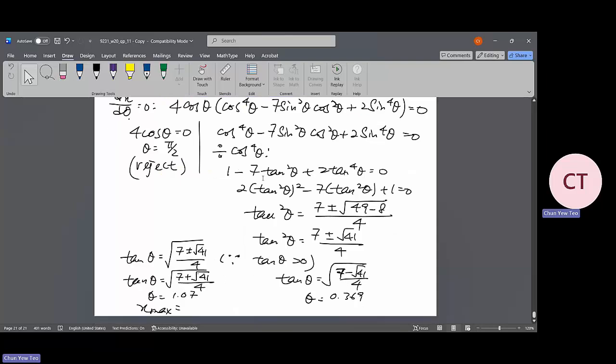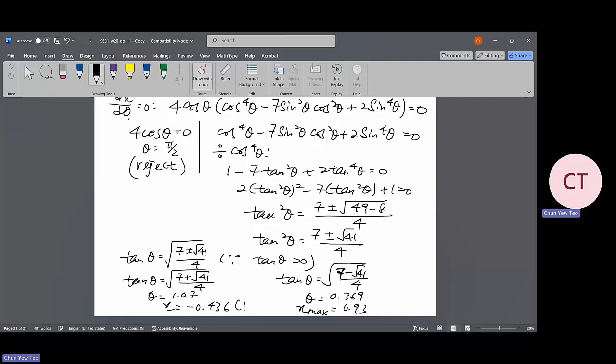You just substitute them inside yourself. You get the x equals to negative 0.436. This one, your x will equal to 0.93.